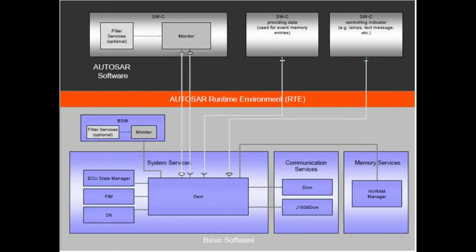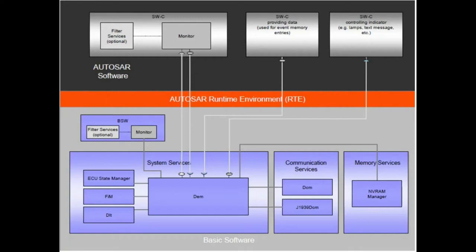So all the UDS services will come under DCM, and the DEM has connections with the memory services, NVRAM, communication services, DCM and system services, ECU State Manager and FIM. The DEM module comes under the ECU software. It is nothing but basic software.